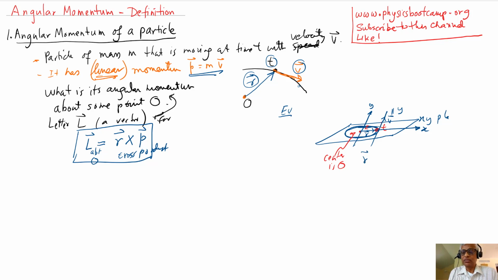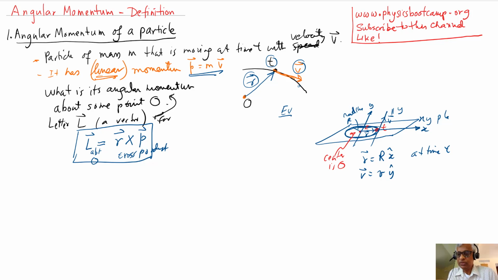So r has the magnitude R, let the radius of the circle be R. So this will be the radial vector at time t. And then the velocity vector is going to be along the y-axis, so it will be some v y hat. v doesn't have to be constant; we're just looking at something going in a circle.